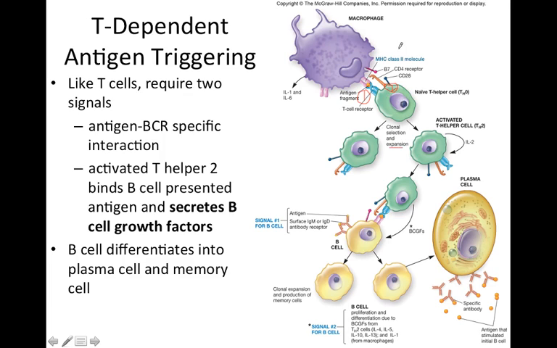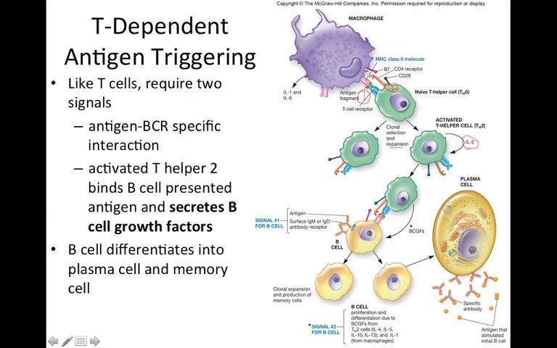You only want more of them when they're needed, and so that's why you activate them to have more of them. And once you have more of them, they release the cytokine IL-2, which is needed for the proliferation and expansion of these cells. So this T helper cell, which has been activated, can go out and interact with B cells.